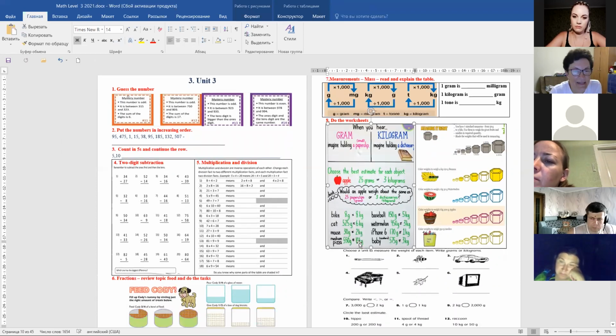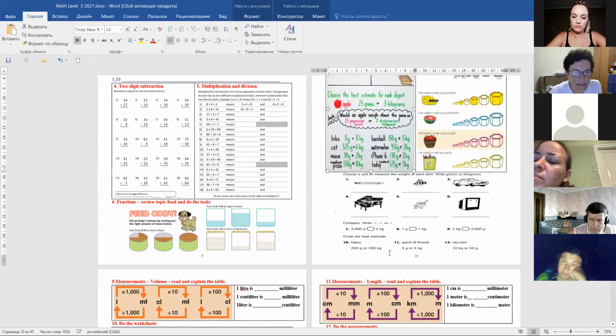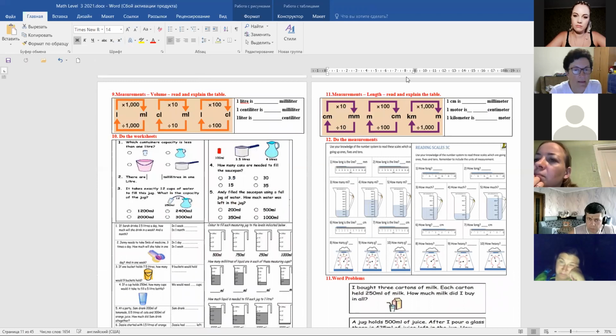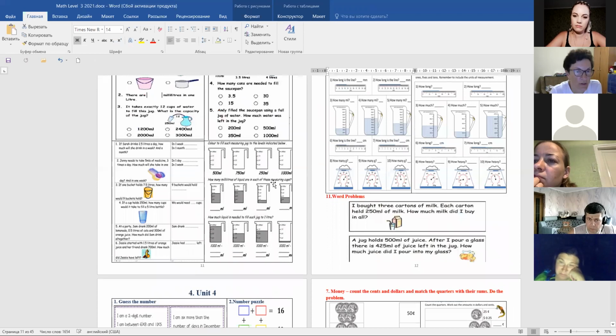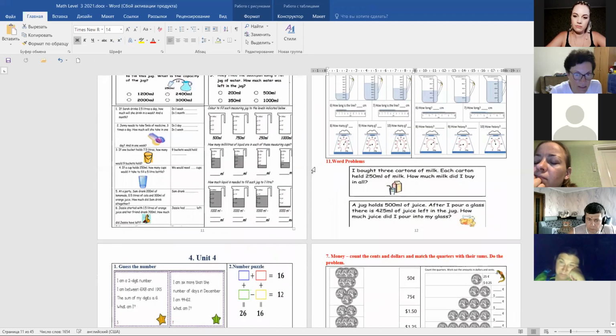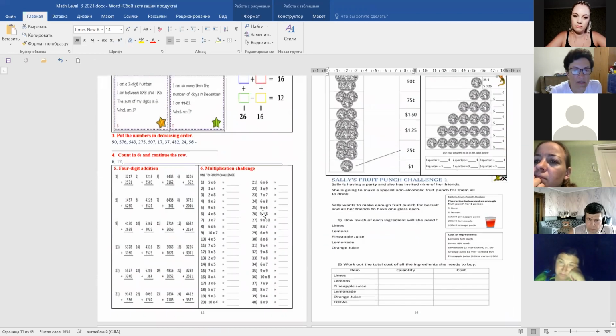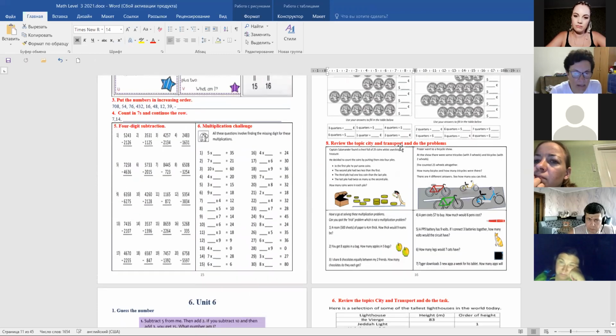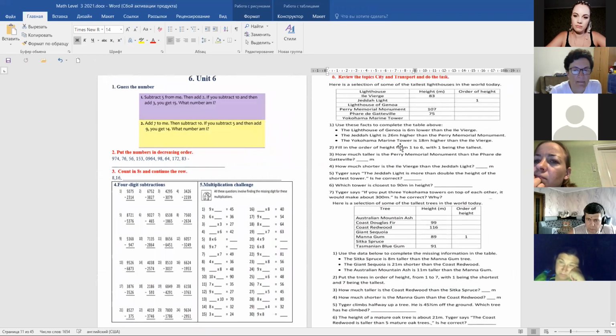You will see that they're really difficult for the kids. Then you have to choose a measure. Then we do volume, then length. Like last time we talked about all these measurements. Then we do money, then money again.